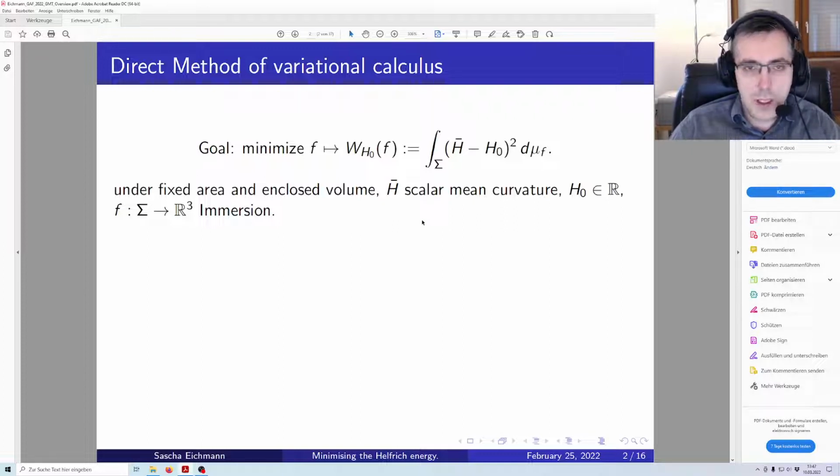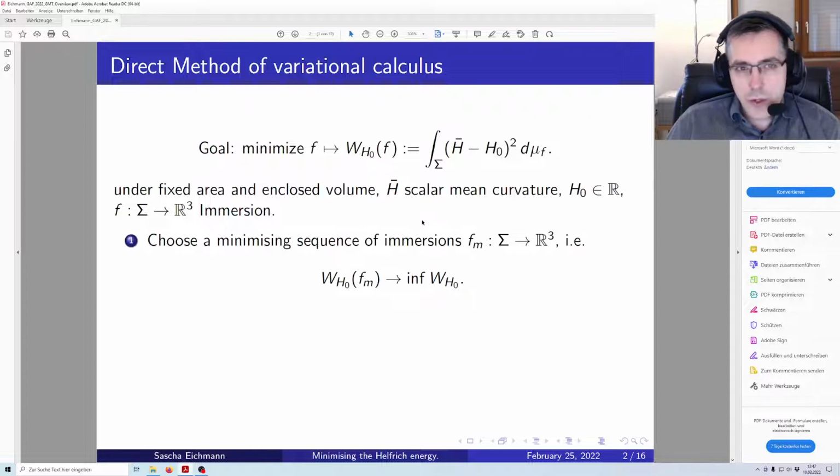And how do you do that usually? By the direct method of variational calculus. How does it work? You take a sequence F_m, which satisfies that the energy of these F_m actually goes to the infimum of the Helfrich energy under, of course, these constraints.